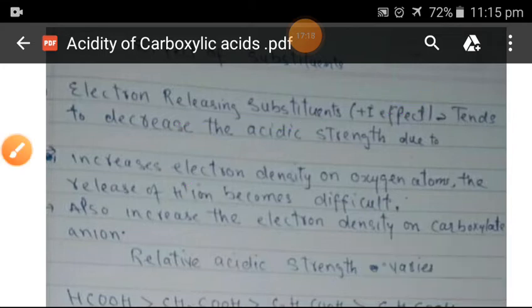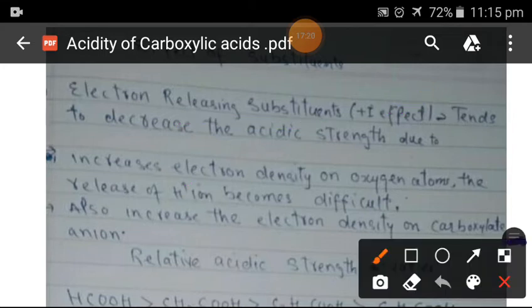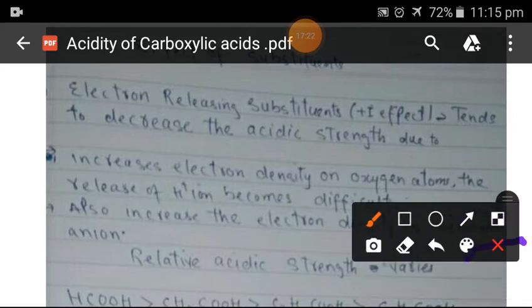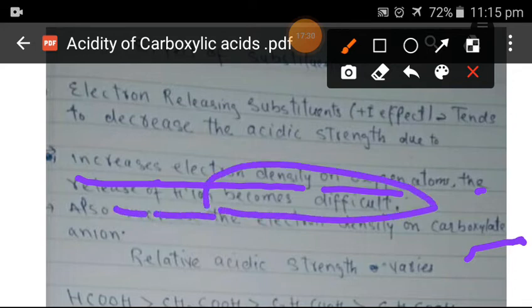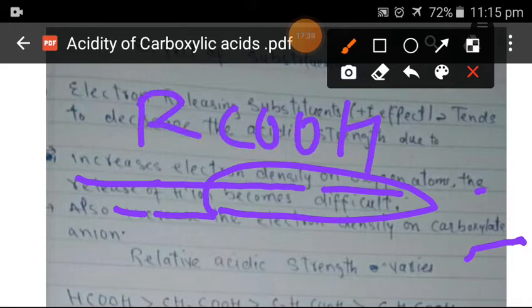So here we have seen that with increasing electron density on the oxygen atom, the release of the H positive ion becomes difficult. When the electron density gets increased on these oxygen atoms, it does not lose this proton easily.